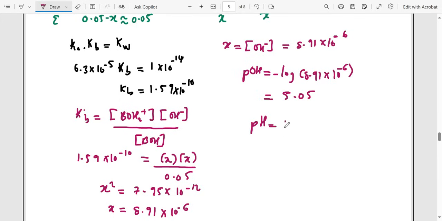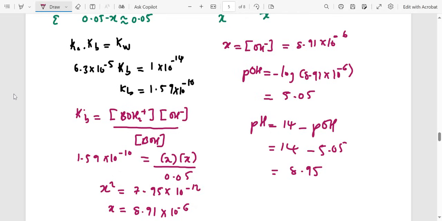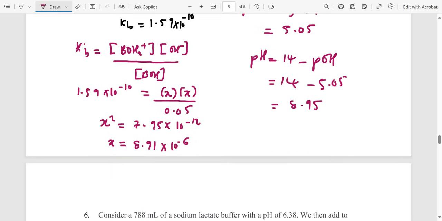The pH is going to be 14 minus pOH, and that is going to be 14 minus 5.05, which gives us 8.95. Does that make sense, guys? The friend that asked, is that clear now?